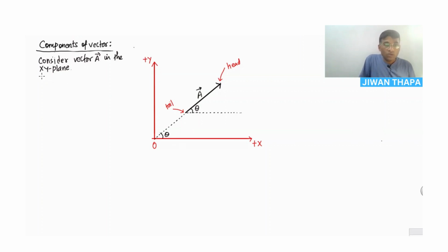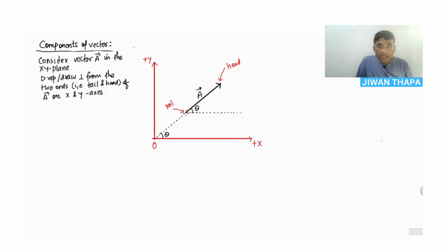Now we drop or draw perpendiculars from the two ends, that is, the tail and head of vector A, on the x and y axis.